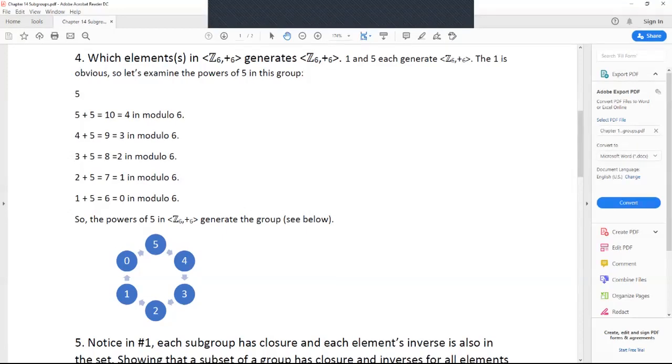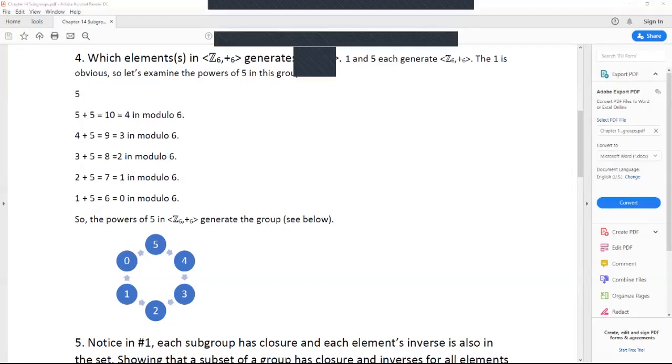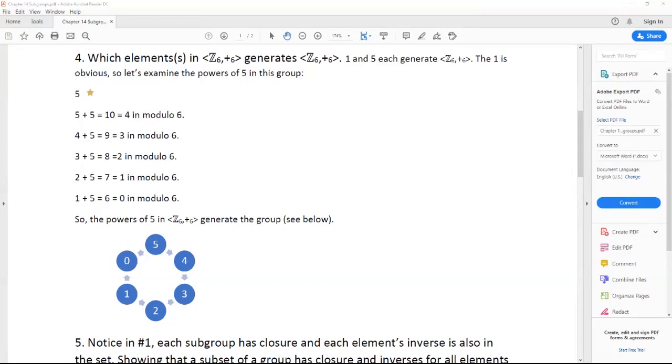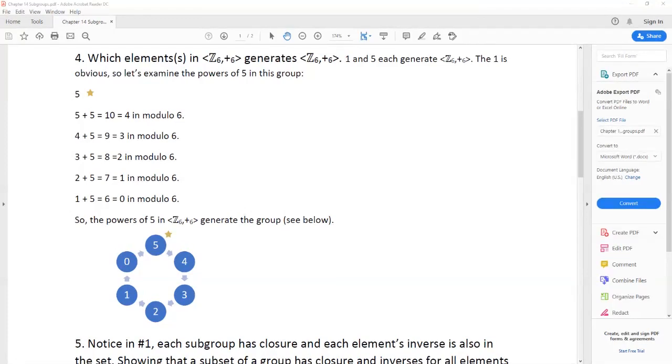Well, if we start with 5, then that gives us one element that is in Z6. And if you add 5 to 5, you get 10, which is 4 in Z6. If you add 5 to the 4, you end up with 3.